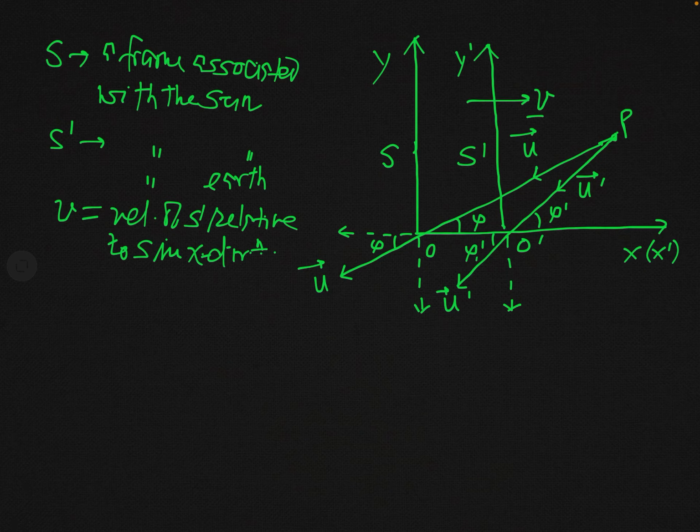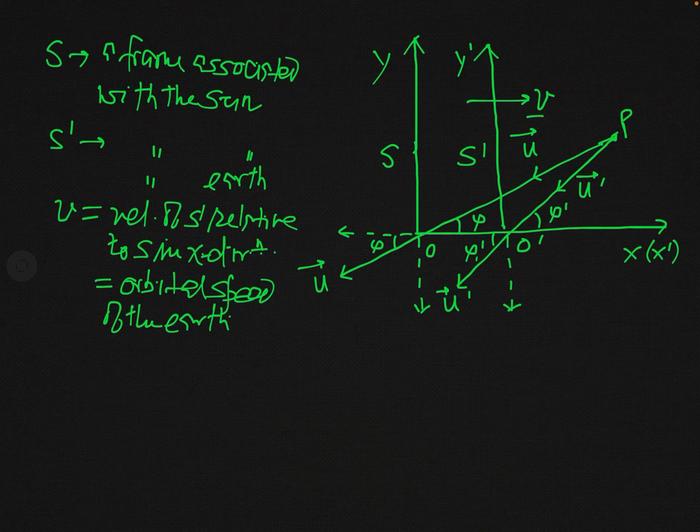And as I have assumed that S prime is associated with the orbiting Earth, this v is the orbital speed of the Earth relative to the Sun.